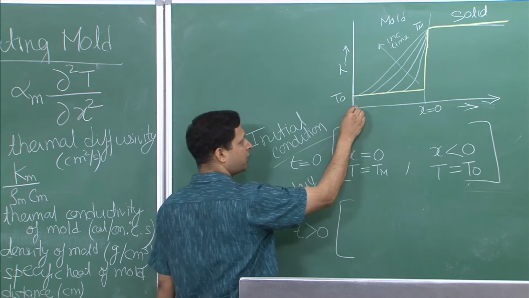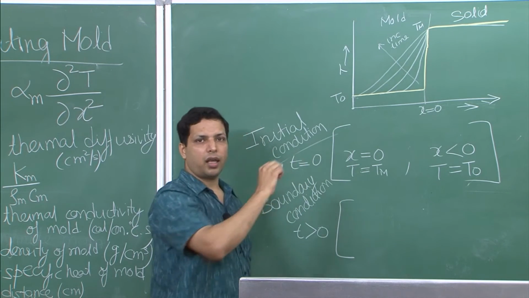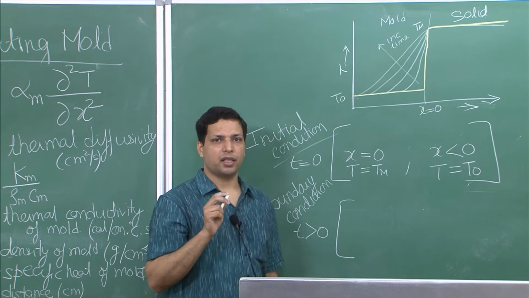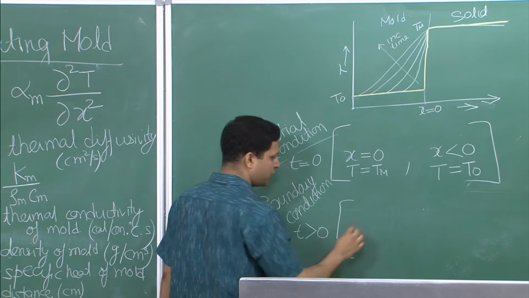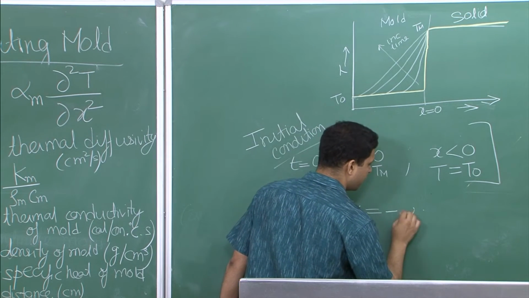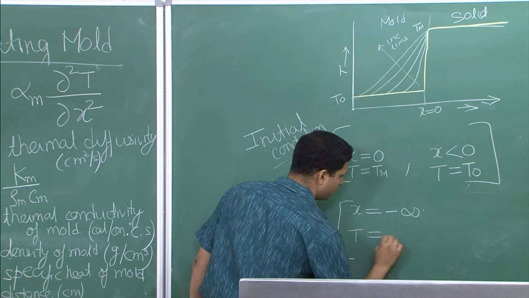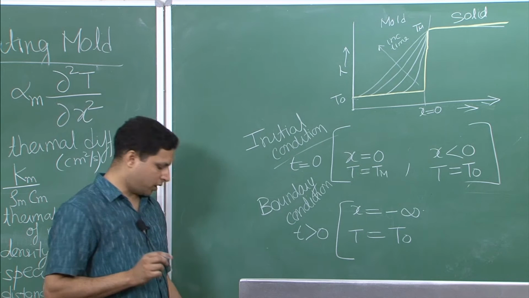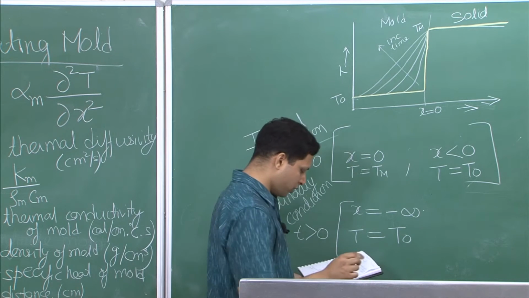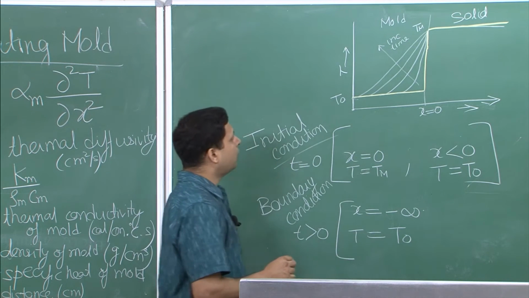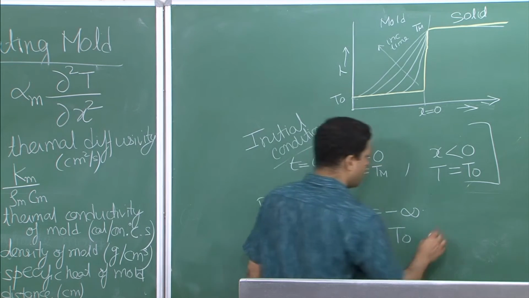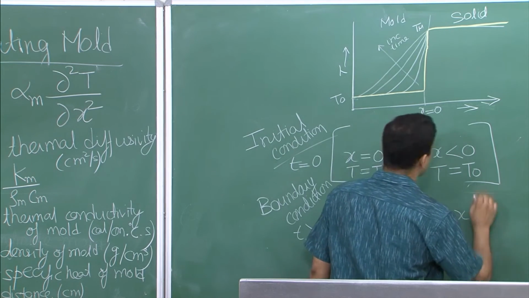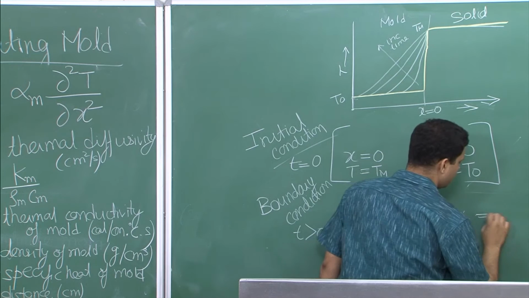This is not a real infinite distance. At a real infinite distance, which is x equal to minus infinity, T will be equal to T naught. That is another boundary condition that we are invoking over here. And another thing is that at x equal to 0, T remains equal to Tm.